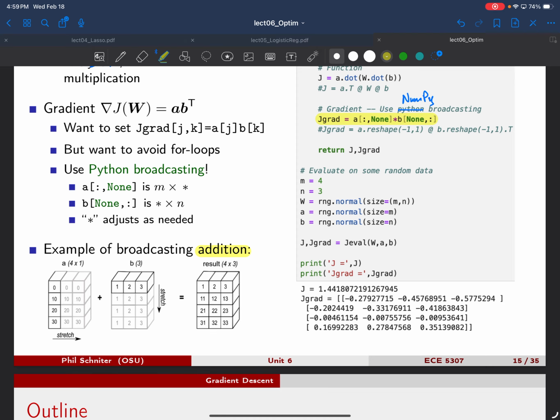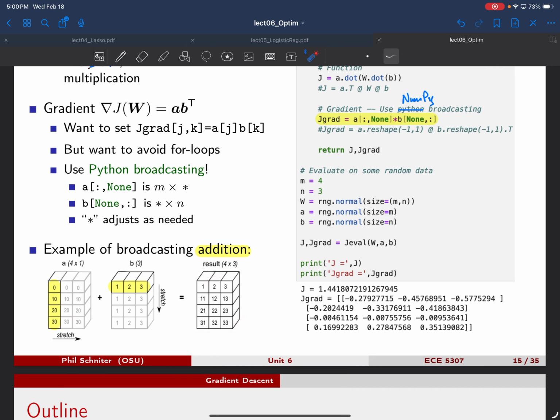I have a 1D array, A, and another 1D array, B. What I want to do is essentially turn one of them into a column vector and expand it into a matrix, turn the other one into a row vector, expand that into a matrix, and now add the terms of those two matrices which have the same size. So you can see this is what you get. You're going to get basically all combinations of the entries in A and the entries in B in this matrix.